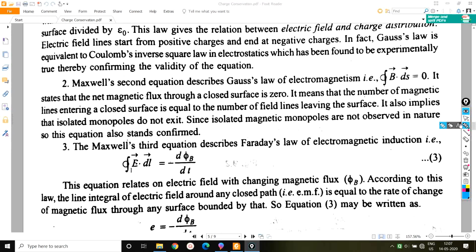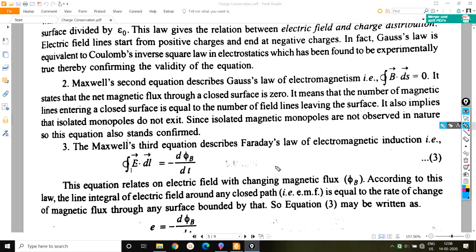It tells that whenever there is a change in magnetic flux linked with a closed circuit or a closed loop, an electric current is set up there. If you have a closed loop, then you will get current. But if your loop is not closed, then you will get an induced EMF.